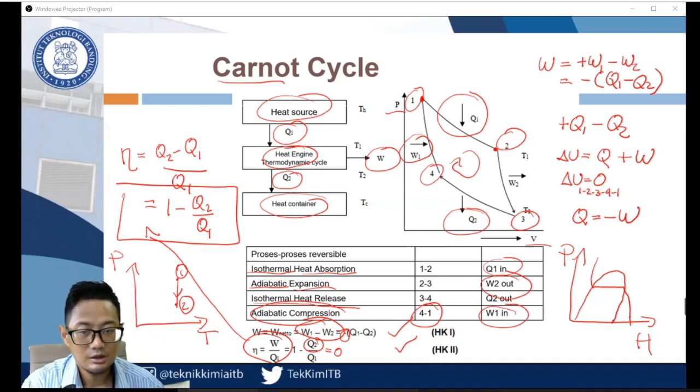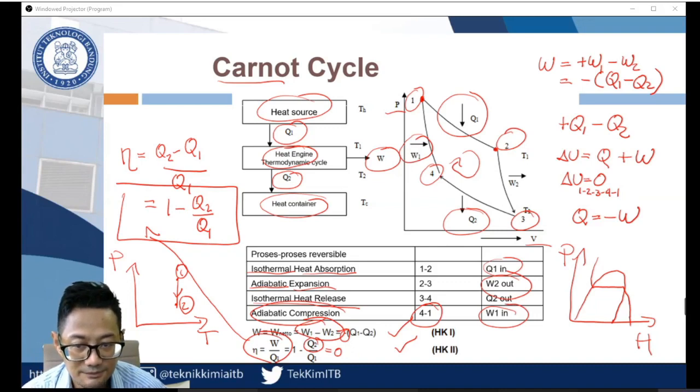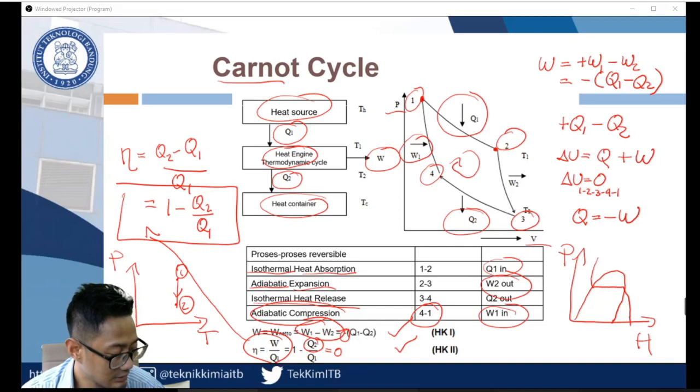Okay. From point 2 to point 3, adiabatic expansion. In PT diagram for adiabatic expansion, you have to draw it in a curve with decrease of pressure.